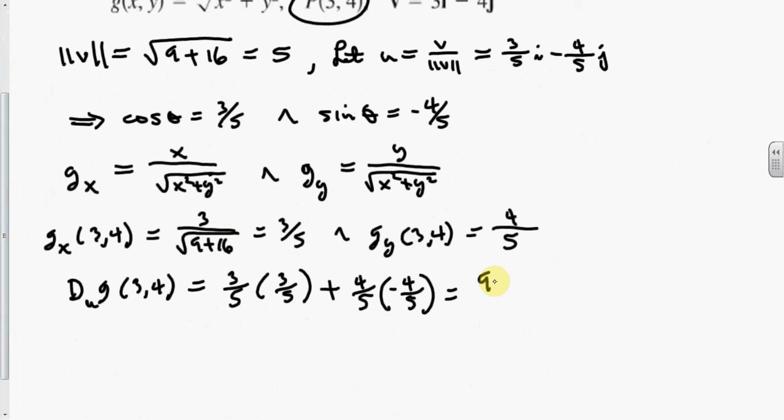So we get 9 minus 16 over 25. That's just negative 7 over 25. Kind of get the idea with these last few that we've done. When the directional derivative comes out to be negative, they're up top and they're sloping down.